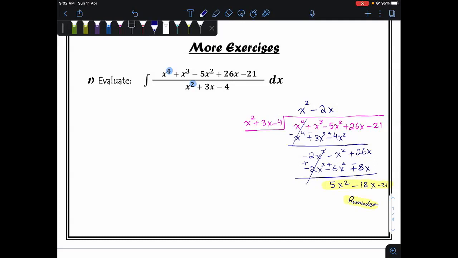How to write your answer now? The integral of the quotient with respect to dx, plus the integral of the remainder over the divisor, which is 5x squared plus 18x minus 21, over the divisor x squared plus 3x minus 4.